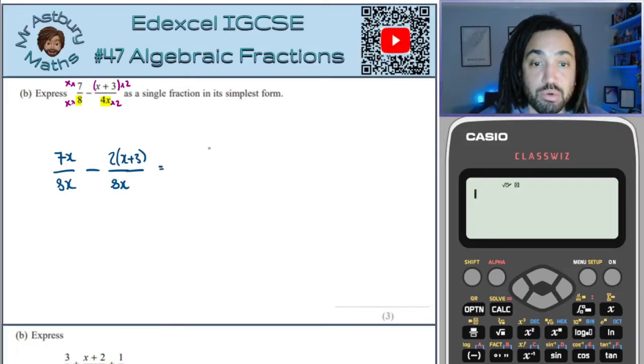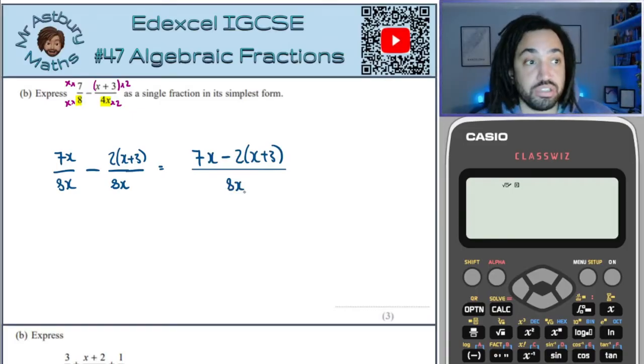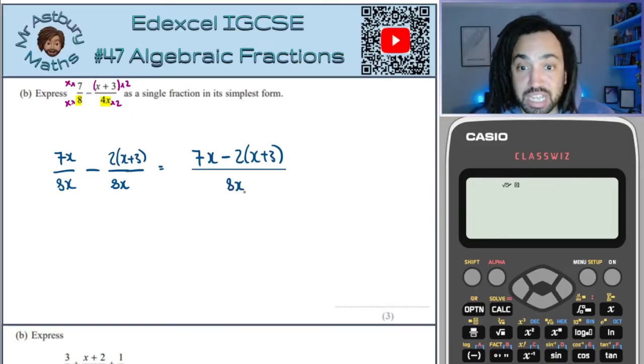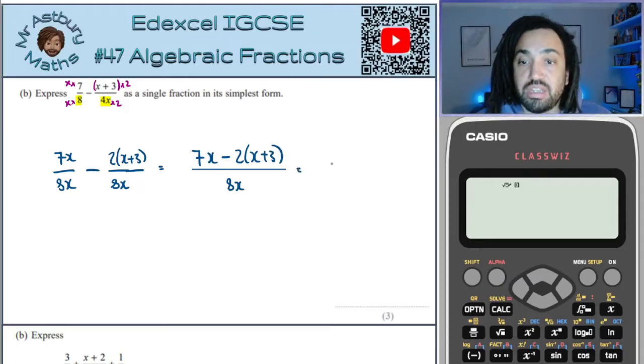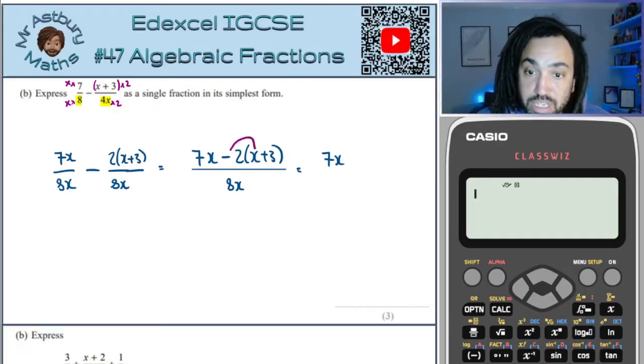Okay, great. So now what we can do is we can write the numerator out as 7x minus 2 lots of x plus 3 all over that common denominator of 8x. Because when you add fractions, we don't need to change the denominator, we just add the two numerators as long as the denominator is the same. Okay, so this gives me 7x, and when I multiply out this bracket, I'll be really careful that I must distribute the minus 2 to both terms.